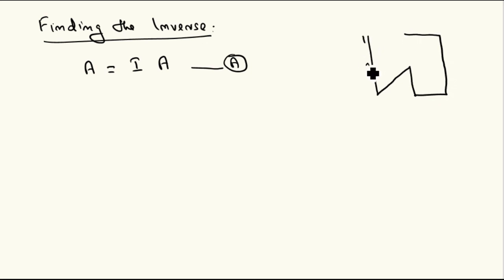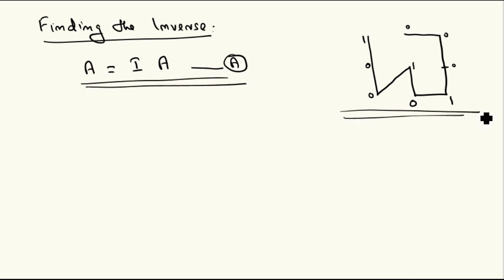So 1, then make it change to 0, then 1, 0, then 1, 0, 0, then 0. So there will not be any problem for finding the inverse using row transformation. You remember A equals IA, then this picture. You will get 6 marks.